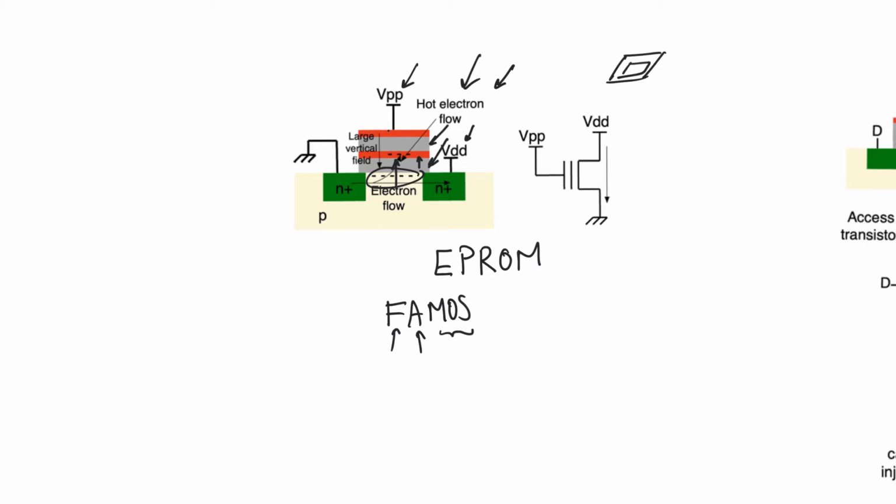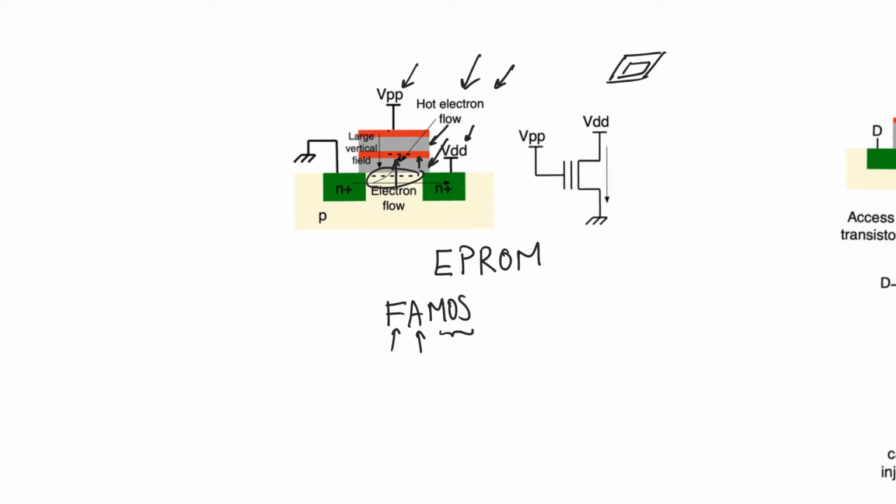The other disadvantage is that the avalanche injection operation is first very, very harsh on the oxide. So this reduces the number of times you can program the chip. And also it's very slow. So programming is kind of slow. But what's even slower is erasure. So, okay, you have to put it under a UV light.